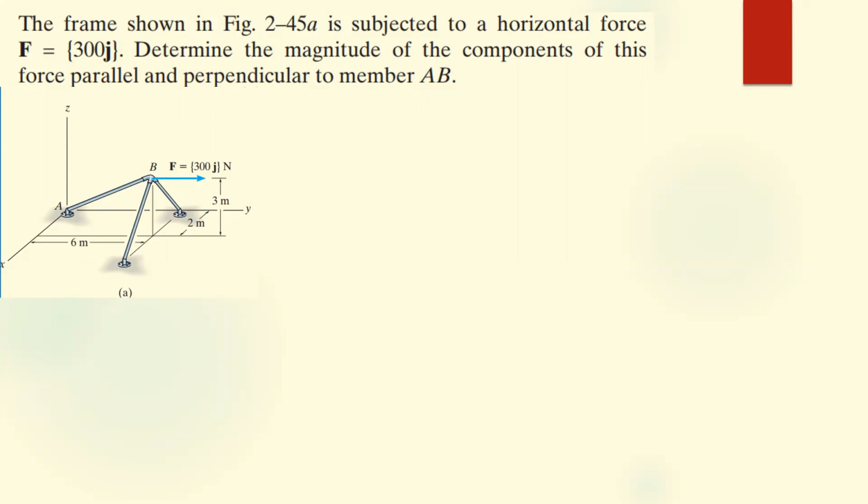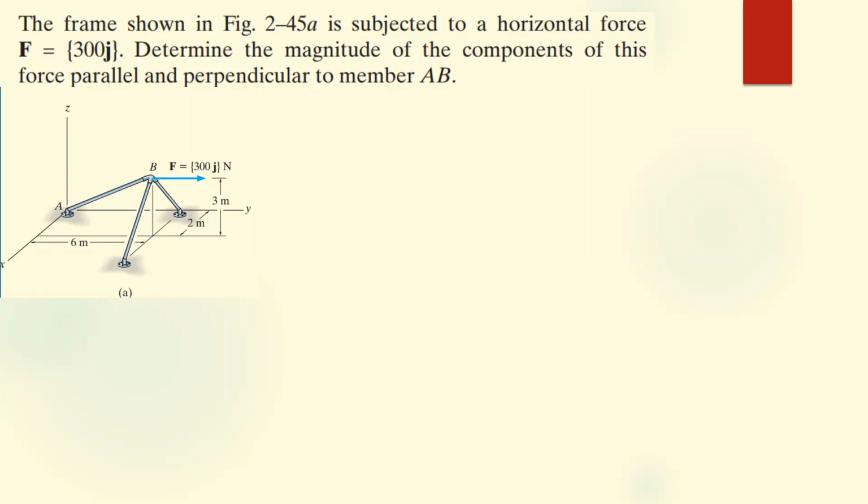Every time we're trying to calculate a force along a particular line, we always have to use a unit vector along that same line. Then you multiply it with the force to get the vector along that line.